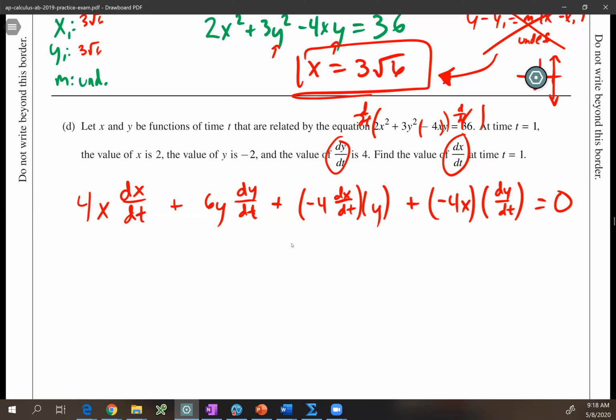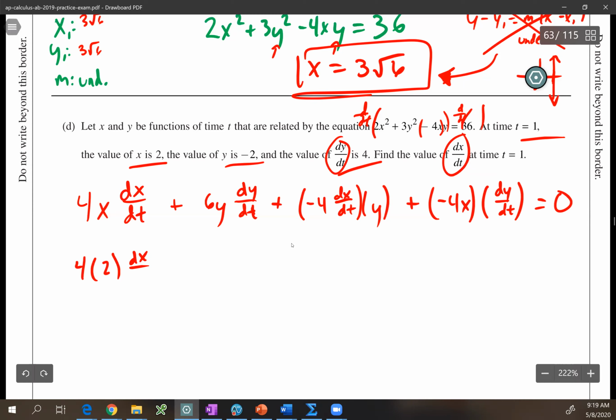We actually don't have to isolate anything, right? We don't have to isolate for x or for y because we're plugging in values. It says at time 1, the value of x is 2 and the value of y is negative 2 and dy/dt is 4. And they want us to solve for dx/dt. So we're just literally plugging all of those things in. So x was 2, dx/dt is what we're trying to figure out.